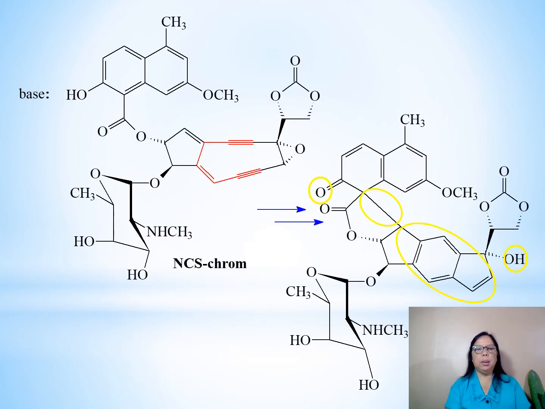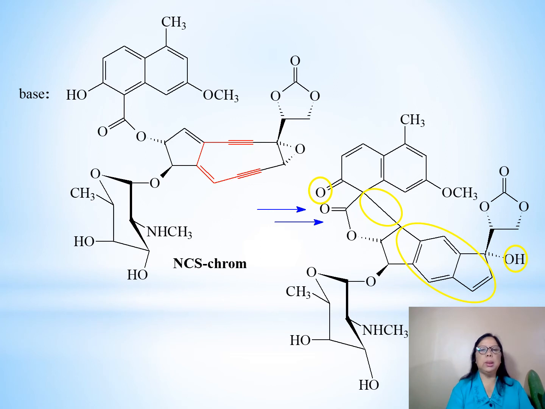What happened is this. Of course, some things will also be affected here, and some things will also be affected here. However, most of the things that will be affected are those directly attached to the one with the triple bond.